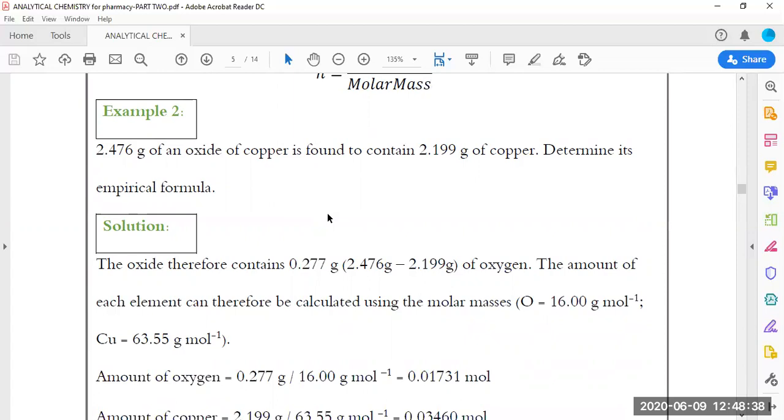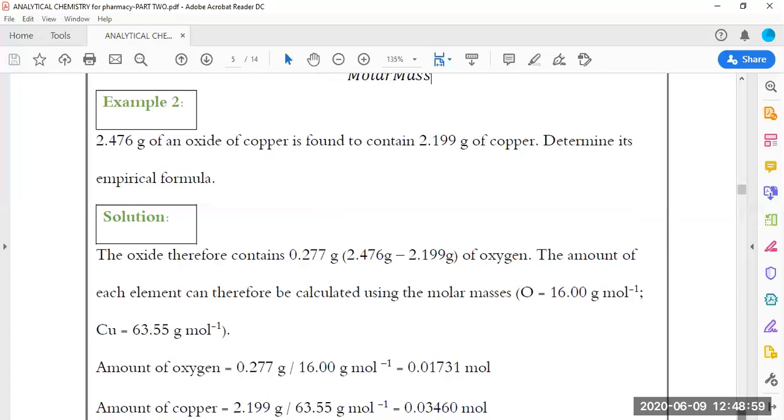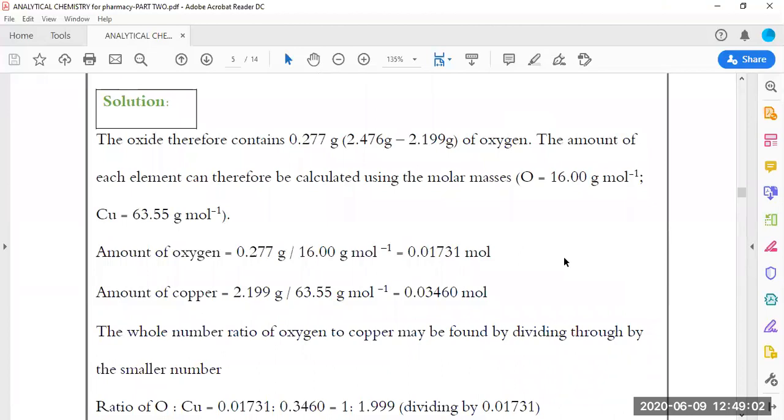So if you know the mass of the copper, you can simply find out the mass of the oxygen. You have 2.476 of the oxide, and you have 2.199 of copper. So the difference in weight is for oxygen, obviously. So the oxide therefore contains about 0.277 gram of oxygen.